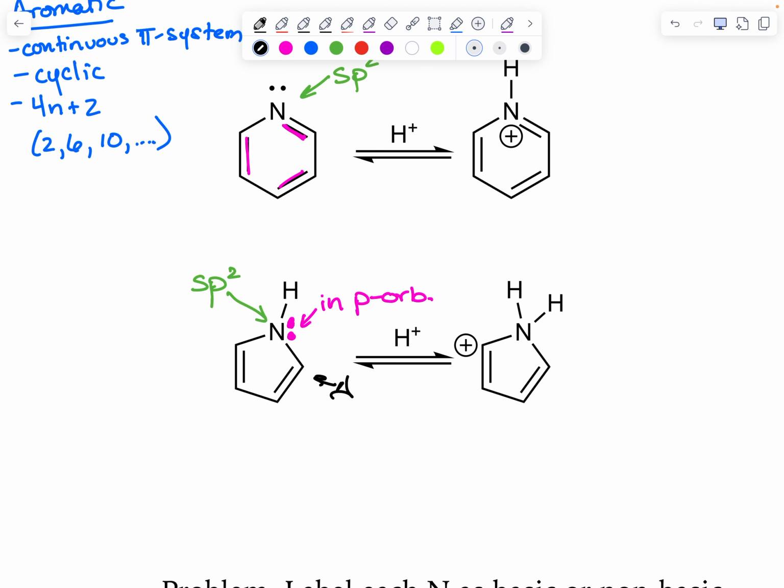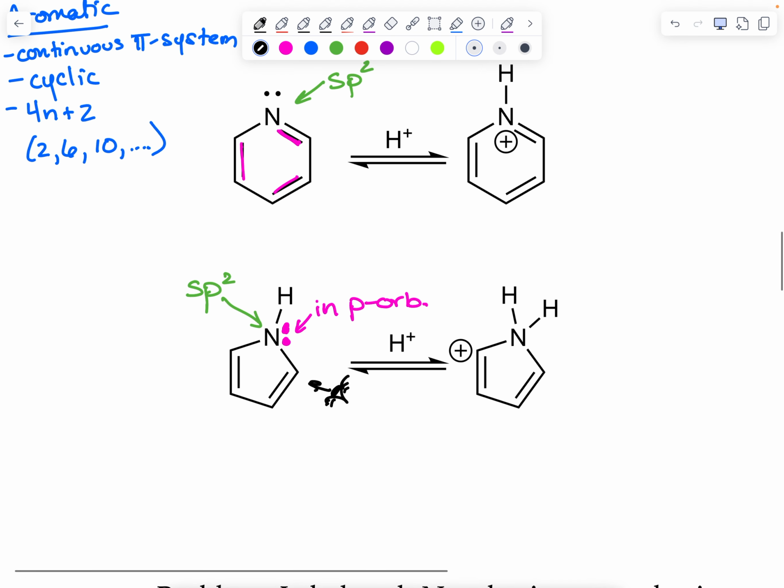So this is an aromatic ring with the lone pair resonating as part of that aromatic ring.